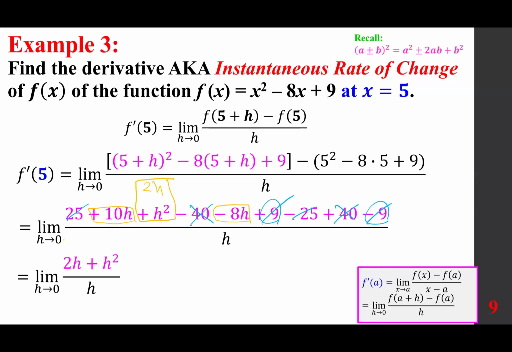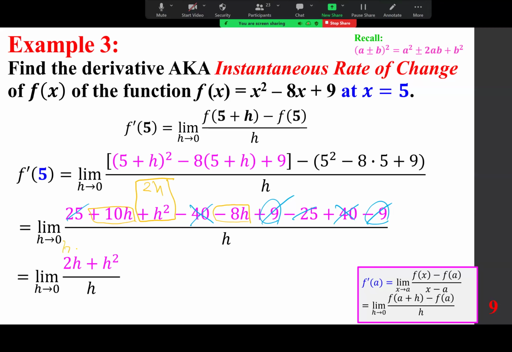You are going to factor the h out to get 2 plus h. This h cancels out this h. You get the limit of 2 plus h as h approaches 0. Now that you apply the limit, you can lose the limit. You cannot lose the limit until you apply it, and it becomes 2 plus 0 or simply 2.